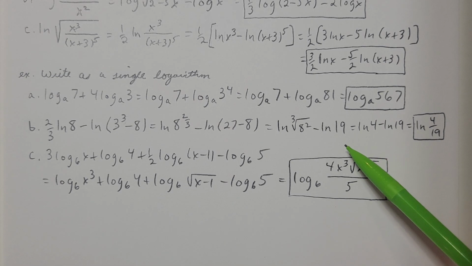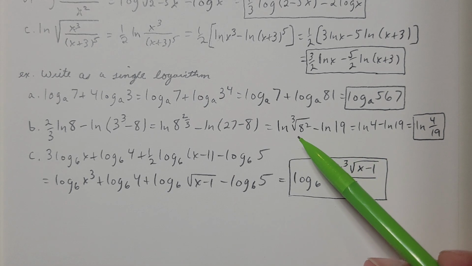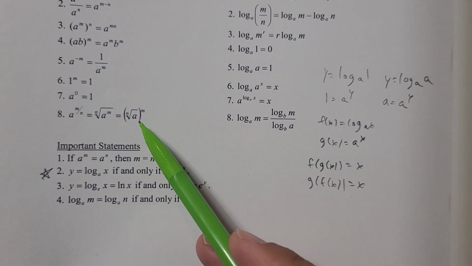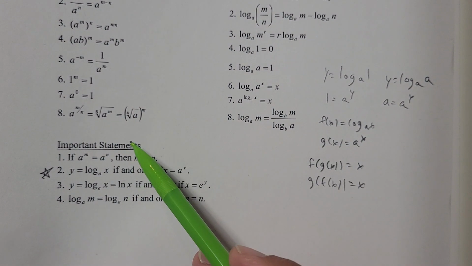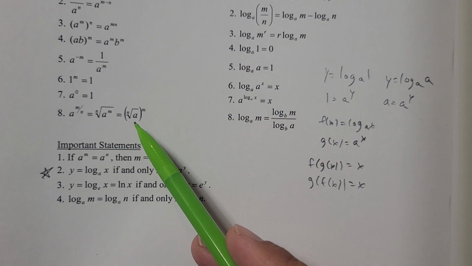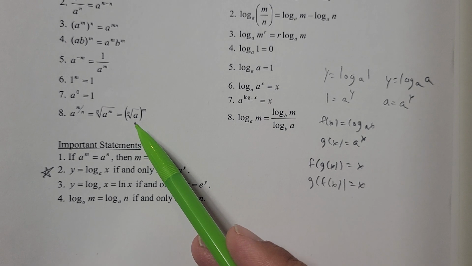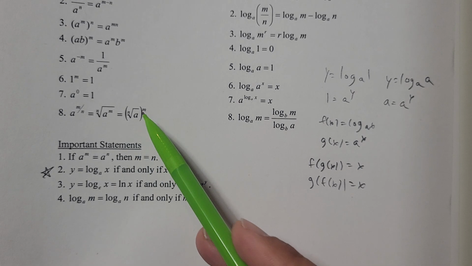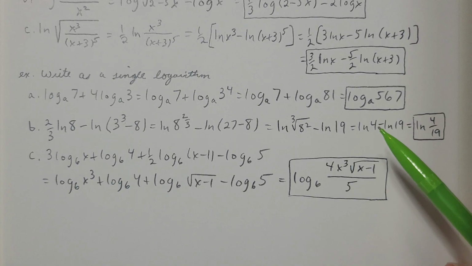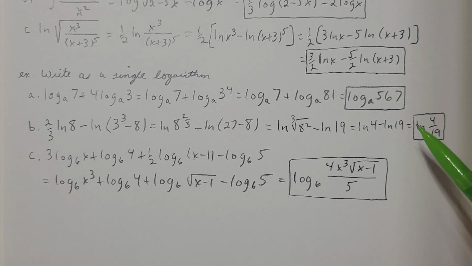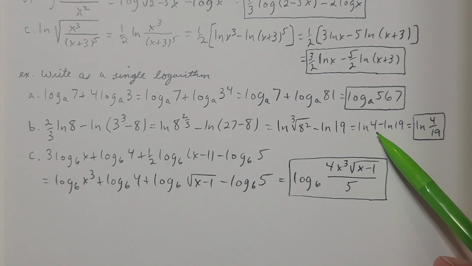Or I can also write it as the cubed root of 8, whatever that is, squared at the end. The cubed root of 8 is 2, right? Because 2 cubed gives me 8. 2 times 2 times 2 is 8. And then if I square that, 2 squared is 4. So I get 4.